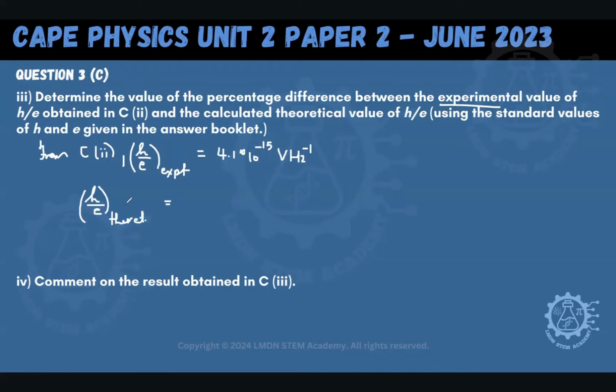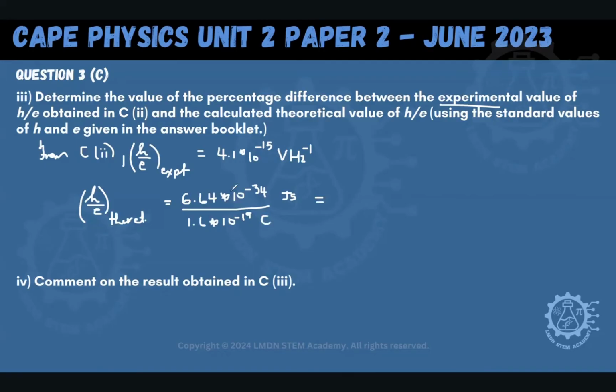H is Planck's constant, so that's 6.64 times 10 to the minus 34 joule seconds. And E is just the charge on an electron, so we'll put that as 1.6 times 10 to the minus 19 coulombs.